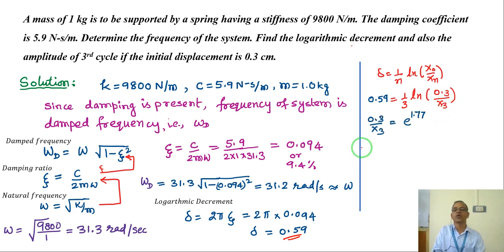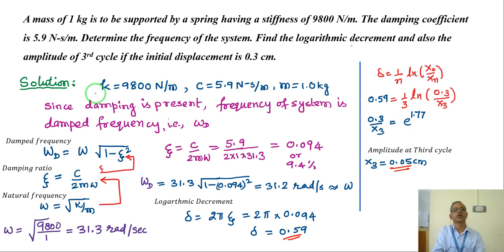Taking 3 this side, 0.59 into 3, then e to the power of 1.77 equals 0.3 by x3. From this I can find x3, the amplitude at the third cycle, equal to 0.05 centimeter.